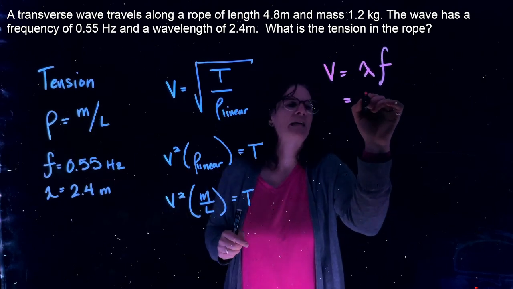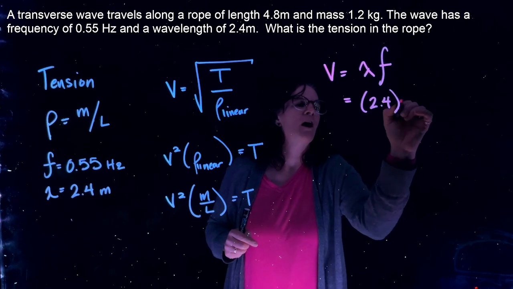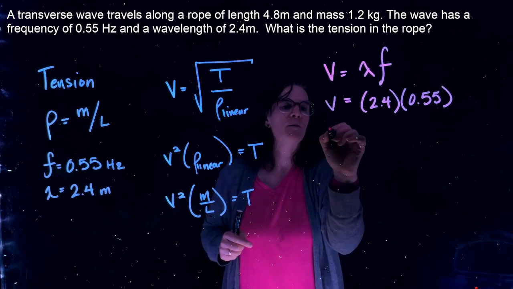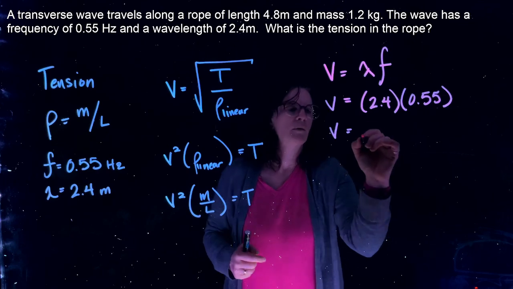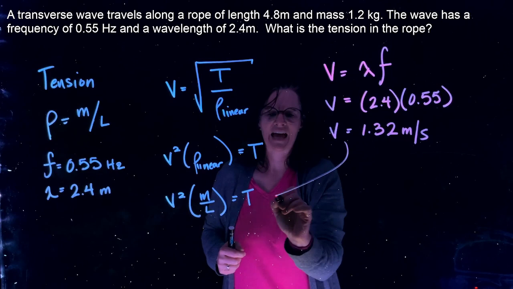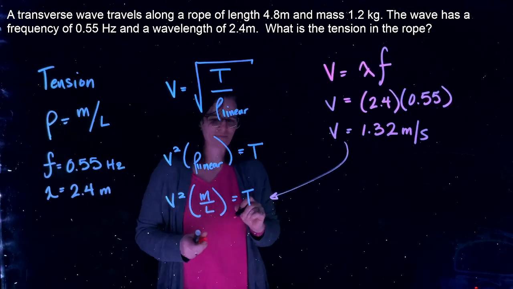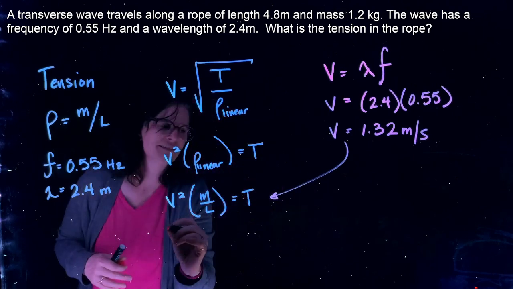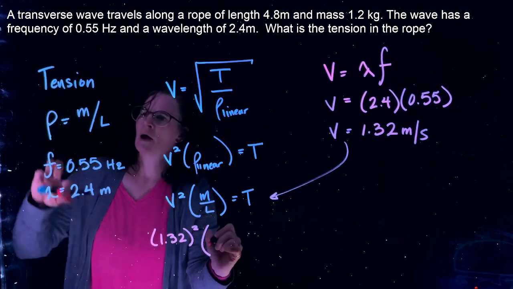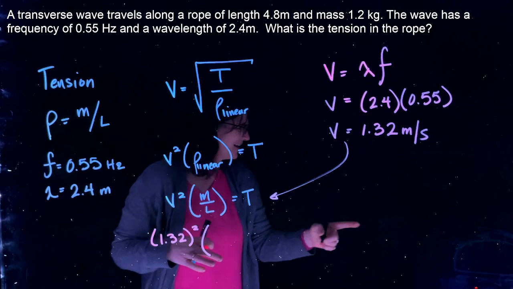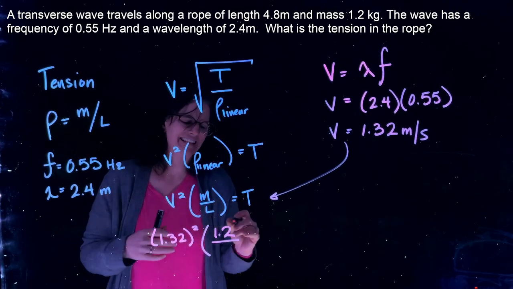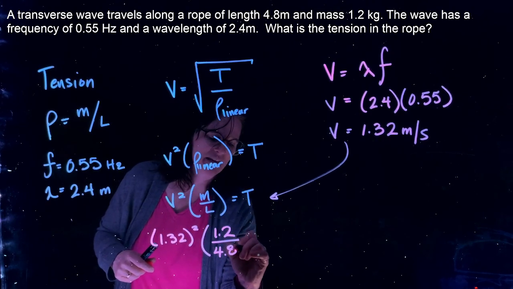Our wavelength, again, is 2.4. Our frequency is 0.55. So the velocity of my wave is equal to 1.32 meters per second. I can then use that in my tension equation. Solving for the tension, we have 1.32 squared, times our mass of 1.2 kilograms, over our length of 4.8 meters.